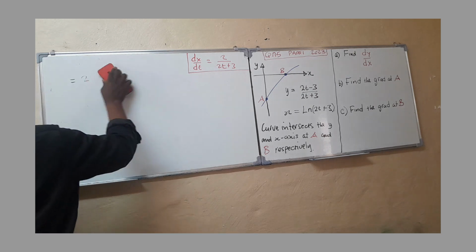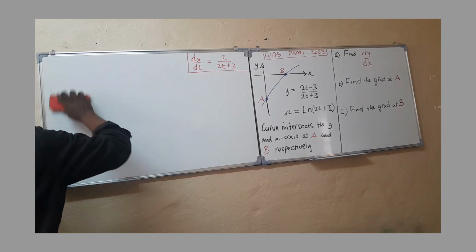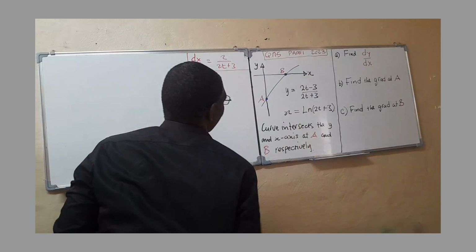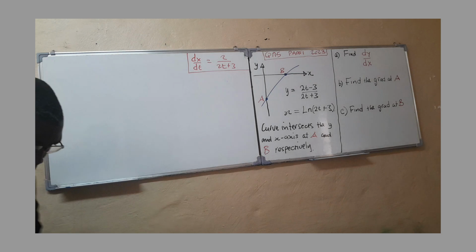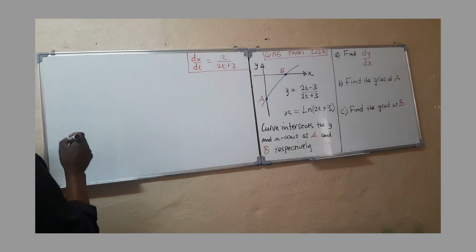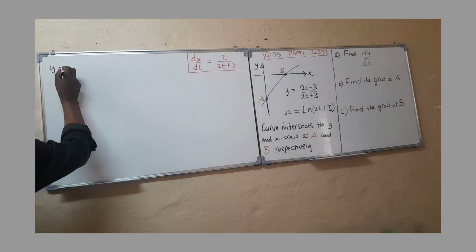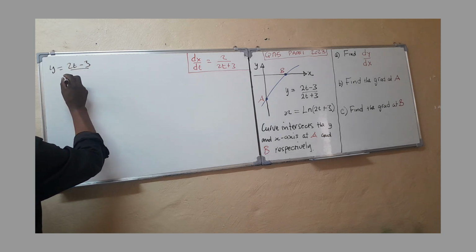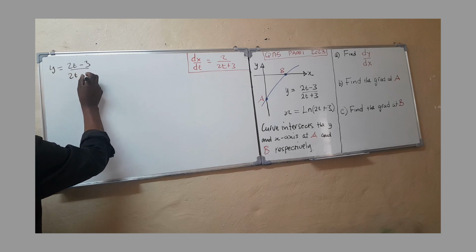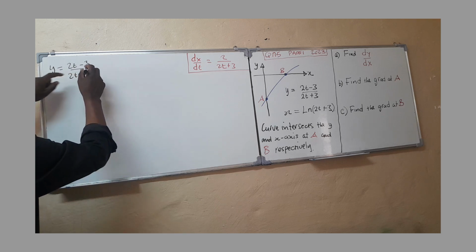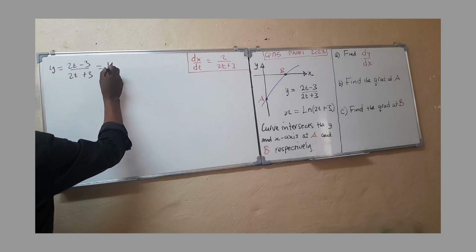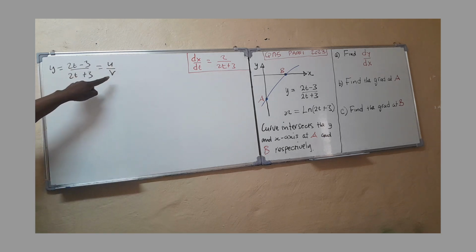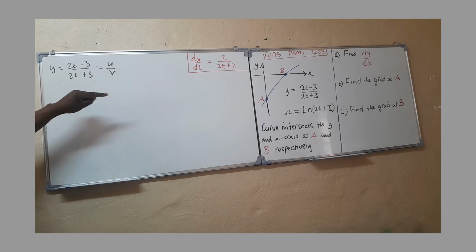Now we know that y is something over something. So y is equal to (2t minus 3) divided by (2t plus 3). Let this be equal to u over v, where u, of course, is 2t minus 3, and v is 2t plus 3.